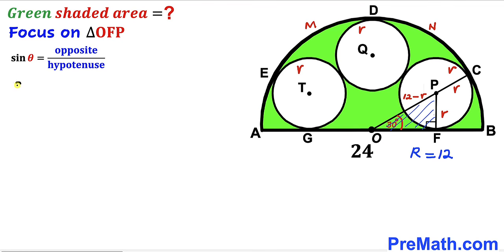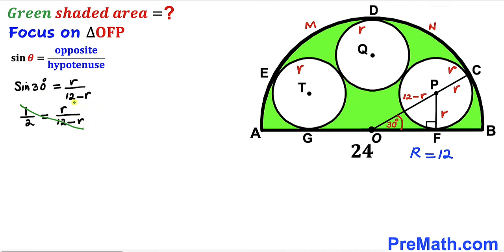So sine of 30 degrees is going to be equal to r divided by 12 minus r. We know sine of 30 degrees is simply 1 divided by 2.